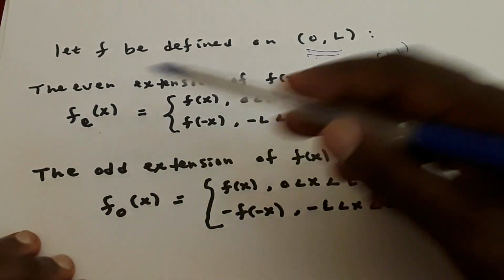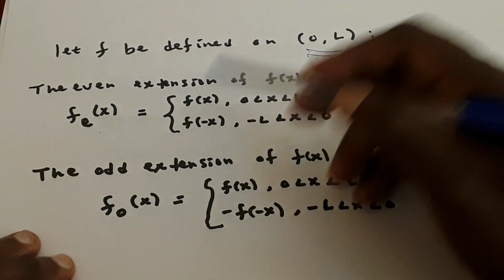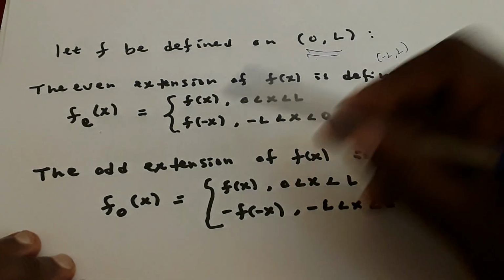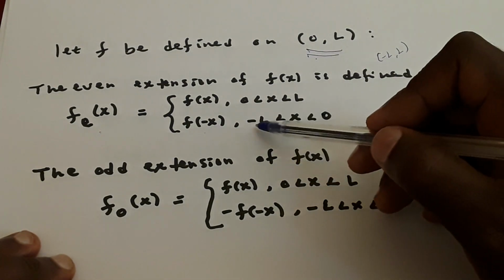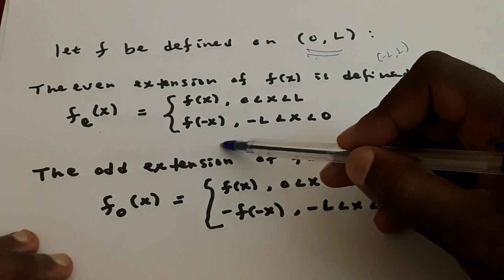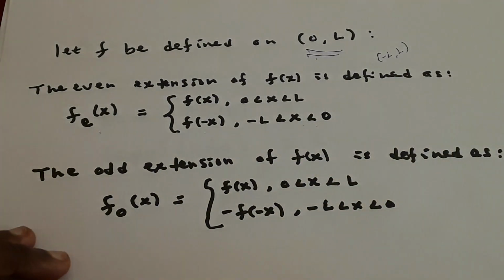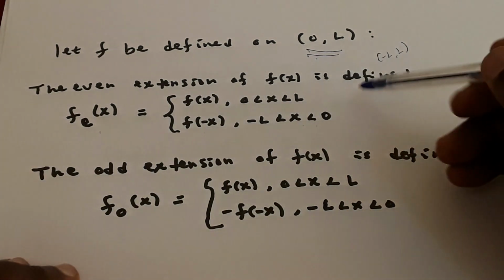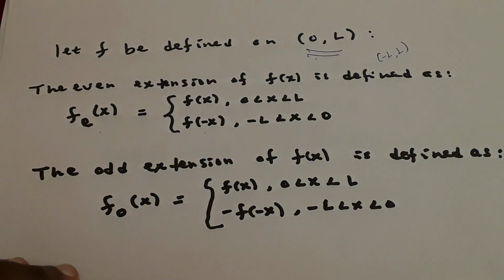The even extension of f is f of x itself in this interval, whereas f of minus x applies in minus L less than x less than 0. It need not be defined as 0. That's just a mirror image.